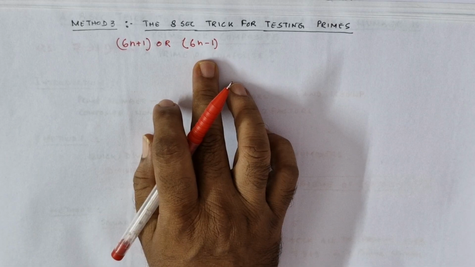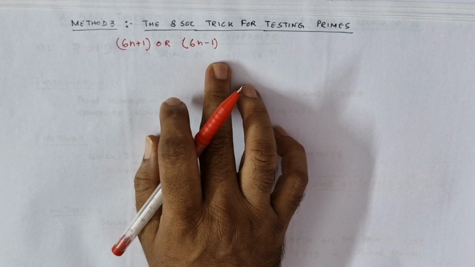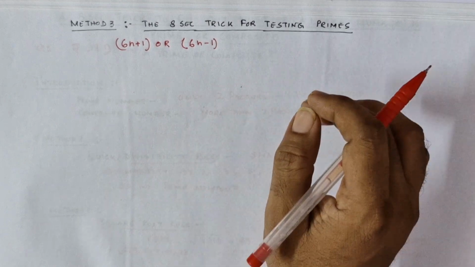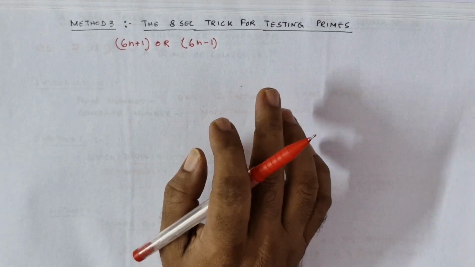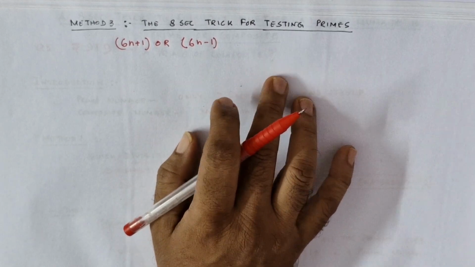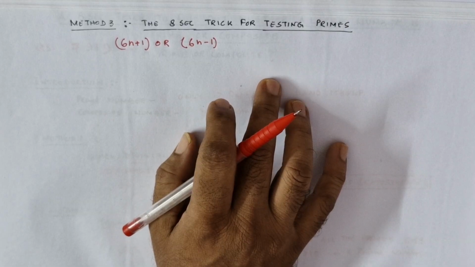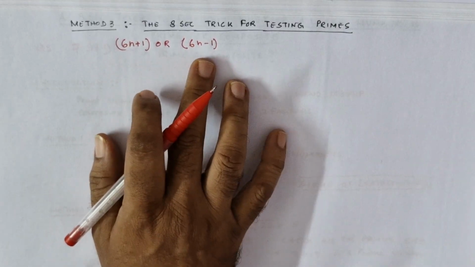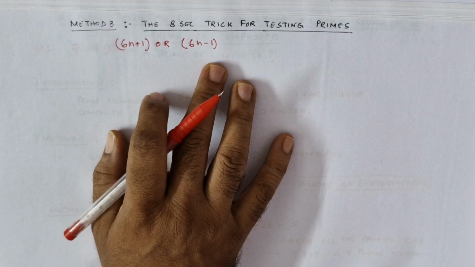This rule says that every prime number greater than 3 (the primary condition is that the prime number has to be greater than 3) must be in the form of either 6n plus 1 or 6n minus 1, where n is a natural number.